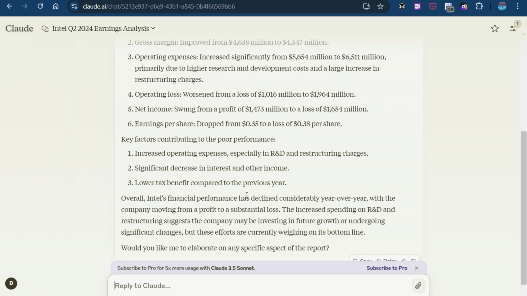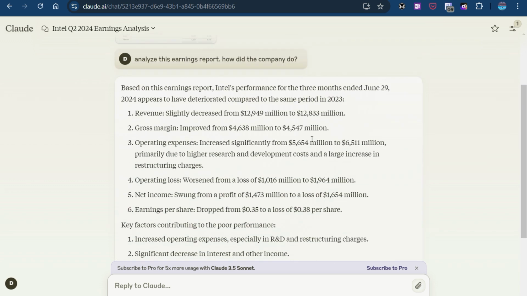So financial performance has declined considerably, with the company moving from a profit to a loss. The increase in R&D spend and restructuring suggests the company is investing in future growth and undergoing significant changes, but these are currently weighing on its bottom line. It asks if I want to elaborate further, but overall it gives a high-level overview. Overall, it's better than Copilot in that sense, because Copilot was even comparing the wrong periods.